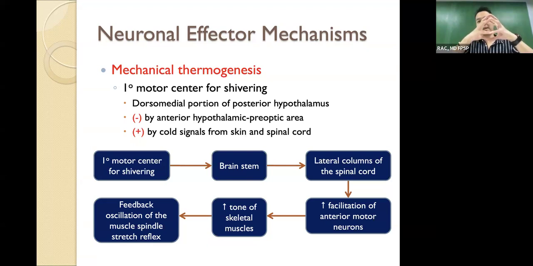Whenever the muscle is stretched, you activate the myotactic reflex. So whenever the muscle is stretched, the muscle spindle is activated. It sends action potentials to the spinal cord. And from the spinal cord, signals are sent back to the muscle, causing it to contract. So that's the myotactic reflex.